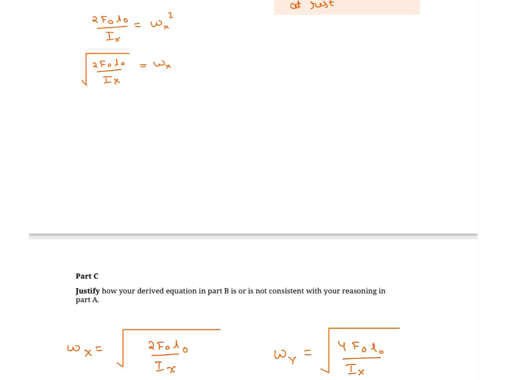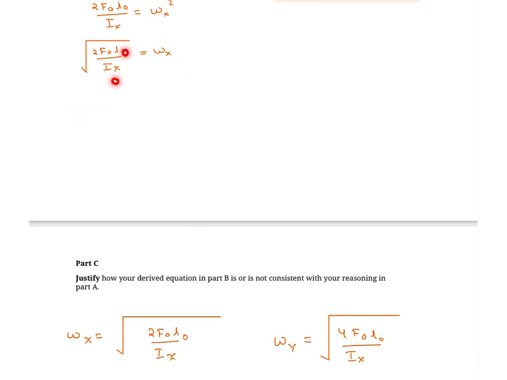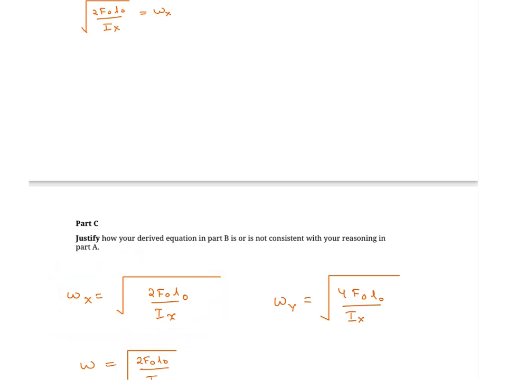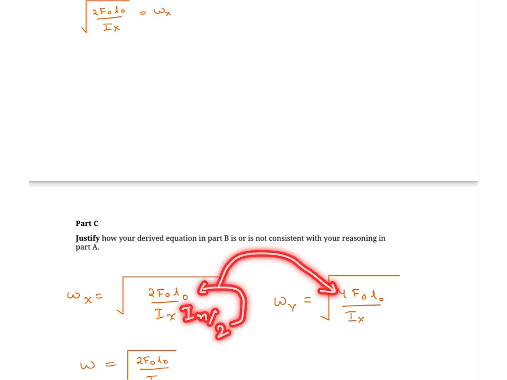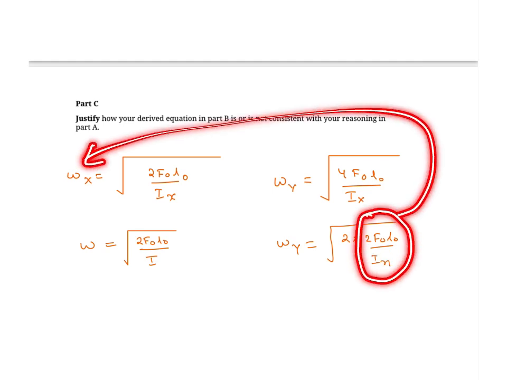So in part C, we have to see whether it is consistent with our reasoning in part A or not. So the omega x expression is the square root of twice F naught L naught by Ix. I am taking it here. For omega y, instead of Ix, I should write Ix by 2. So this 2 will become 4. So from here I can say omega y is equal to root 2 times the square root of twice F naught L naught by Ix, and this expression is nothing but omega x.